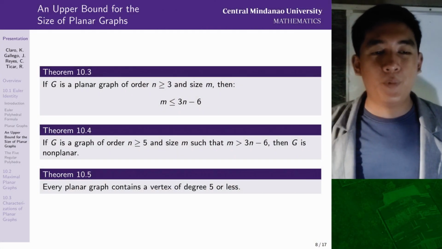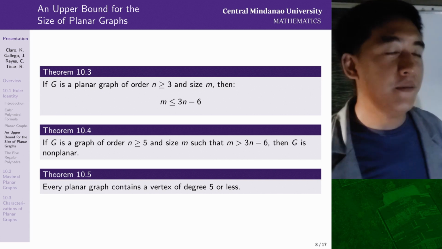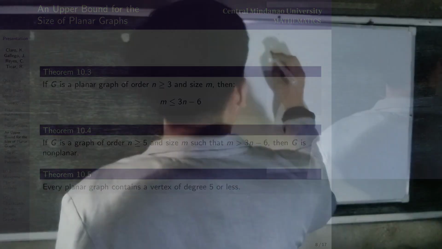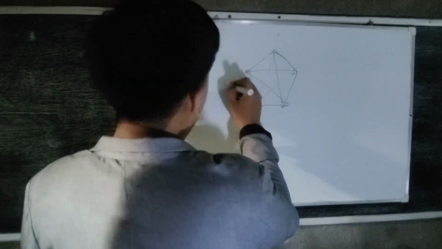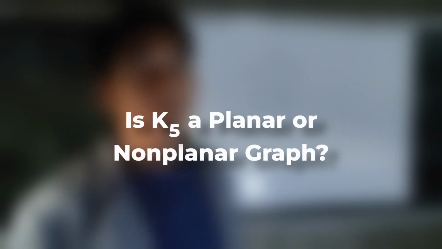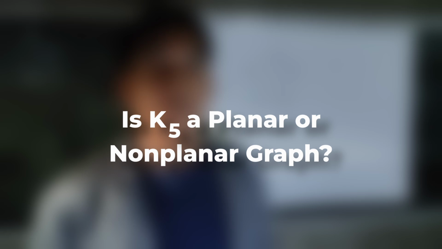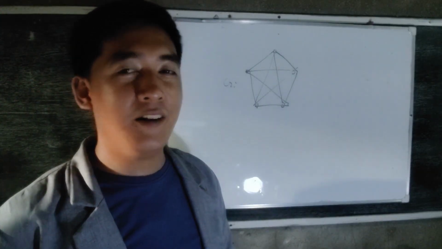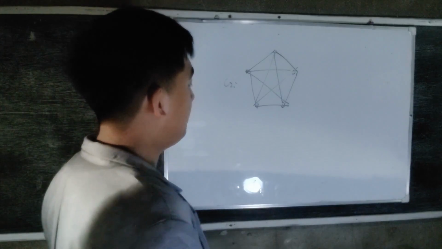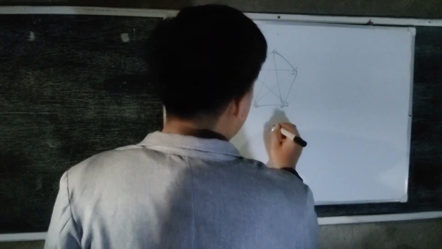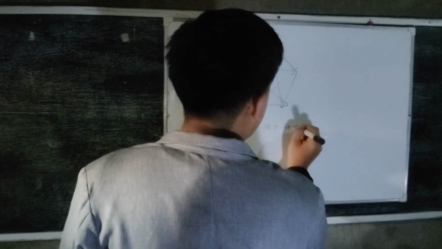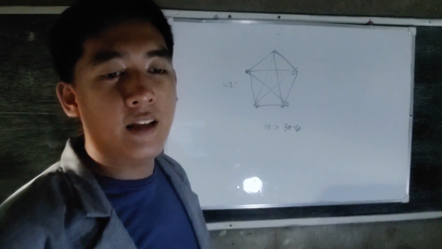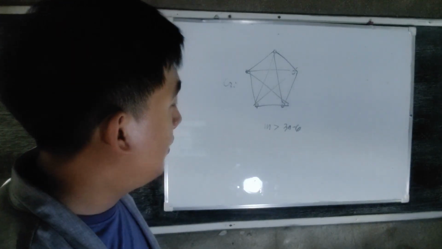For theorem 10.4, let us consider K5. We have here graph G. Now question, is K5 a planar or non-planar graph? Let's test if K5 is a non-planar graph. By theorem 10.4, if m is greater than 3n minus 6, then G is a non-planar graph.